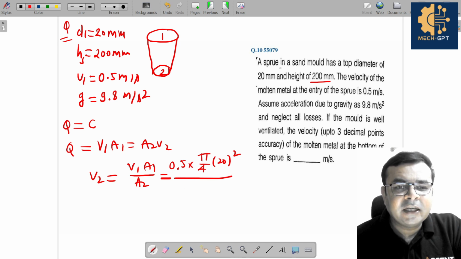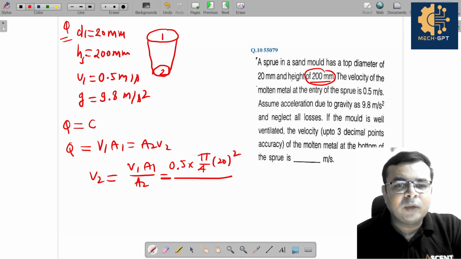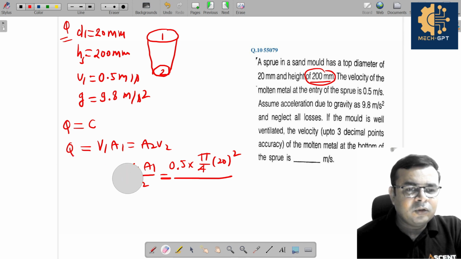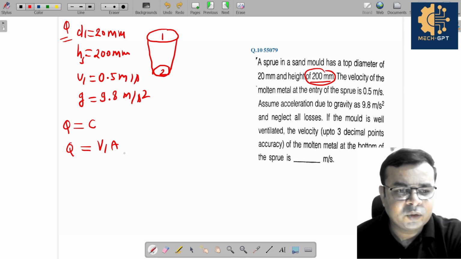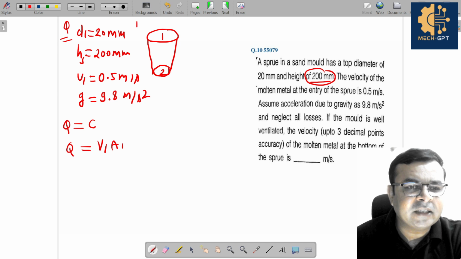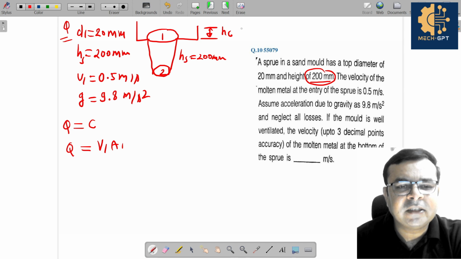The height of the sprue is given, that is 200 millimeter. But before applying this formula, first we need to calculate the height of the pouring cup, yes or no. Let's say here we have a pouring cup, and let's say its height is HC.